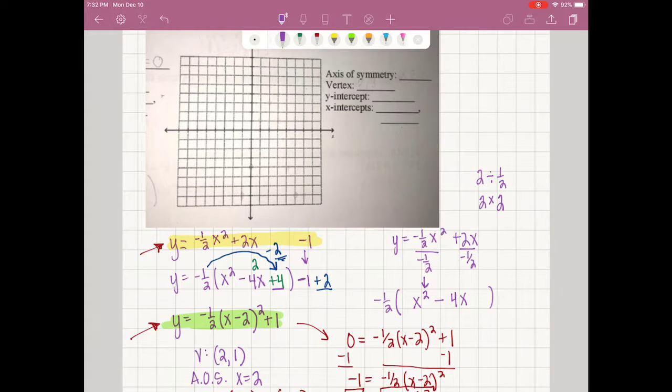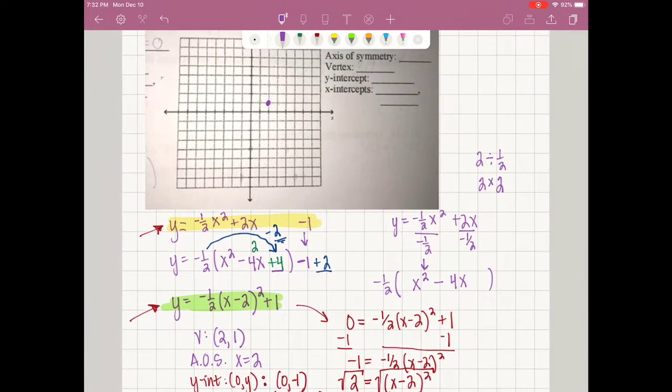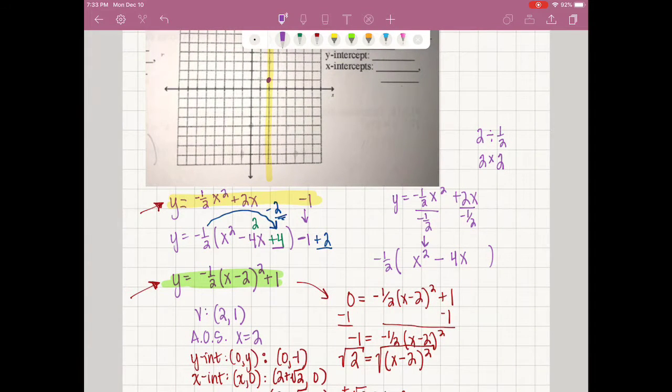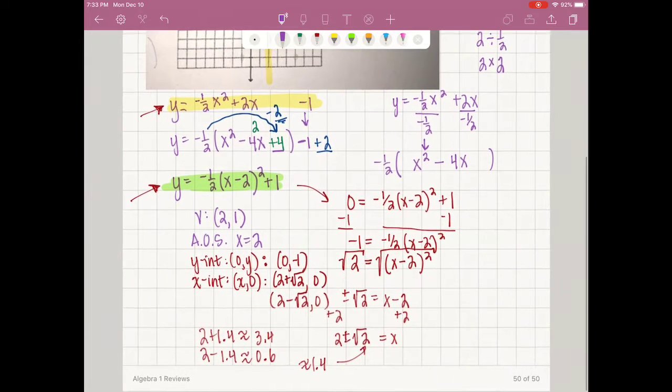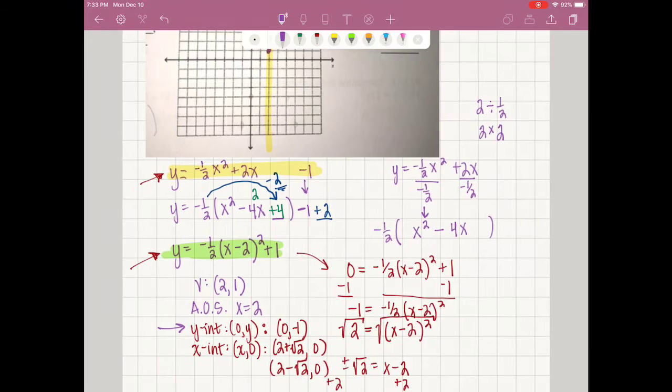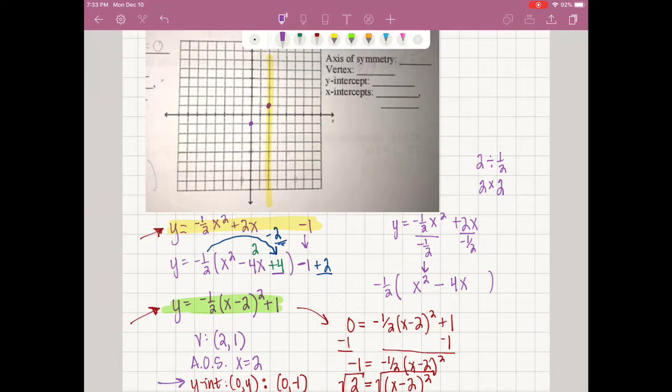My vertex was 2, 1. I can do the 1, 3, 5 rule. I can put values in and get values out and then reflect them over. There's lots of different ways that you can graph this. If we put a 0 in, we know that we get our -1, which is our y-intercept.